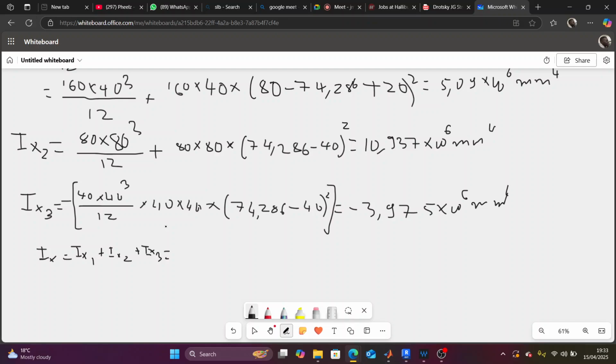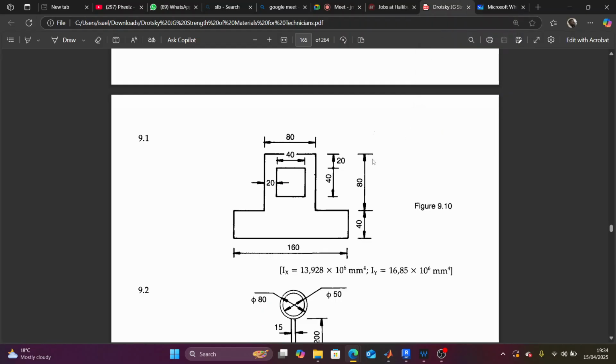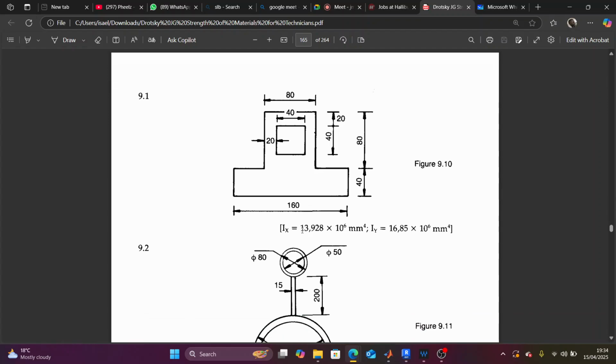It's 12.052 times 10 to the 6. Nah, that is not what they are getting. So something is off here. They are getting 13,928.